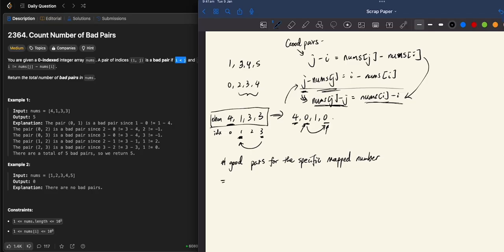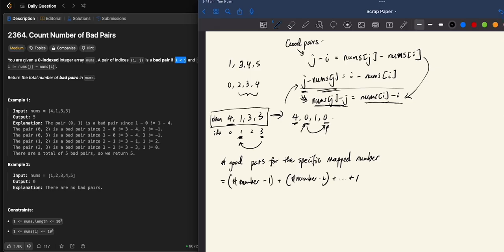So it is the count of that number minus 1, and the count of the number minus 2, all the way to 1.